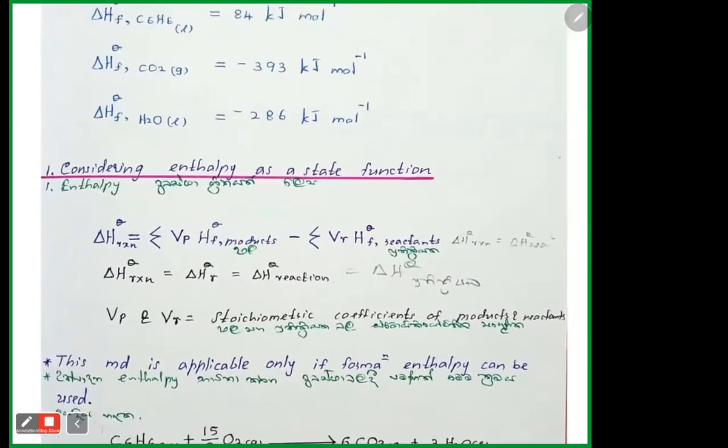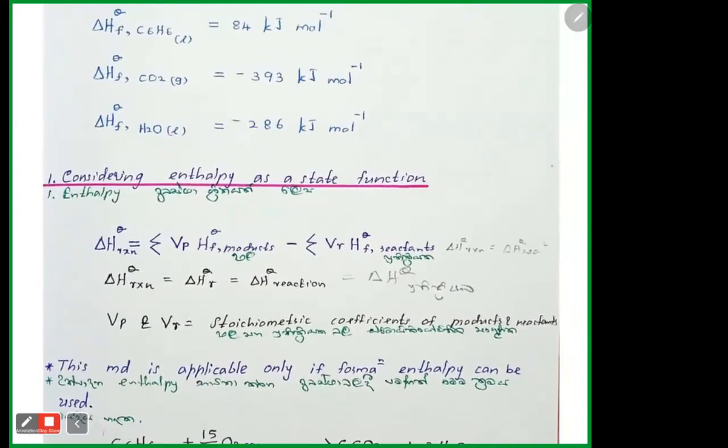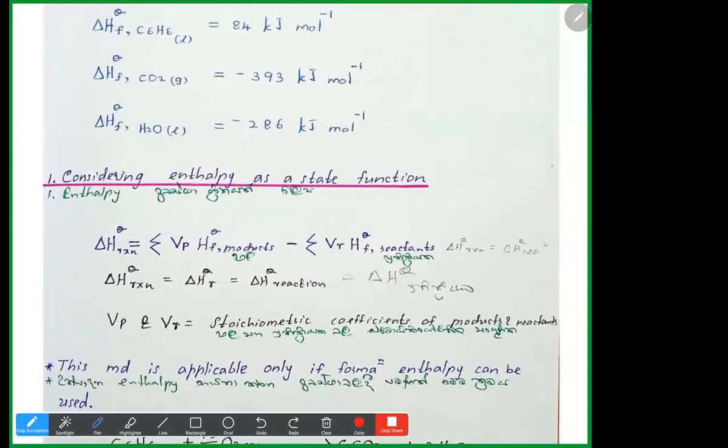What's the first method? The first method is the state function method. State function means we can get the reaction enthalpy from the difference between the enthalpies of products and reactants. First, we find the sum of all the enthalpies of products, then the sum of all the enthalpies of reactants. The difference between these two is the enthalpy of the reaction.